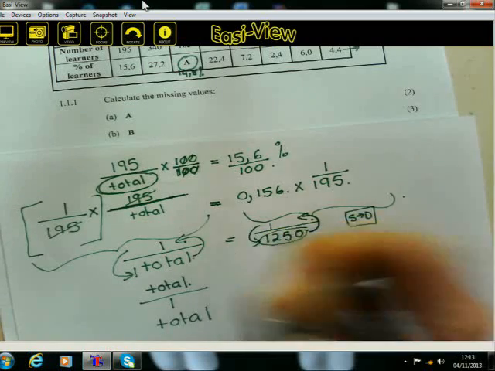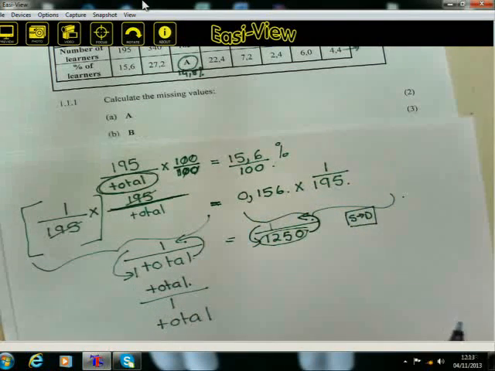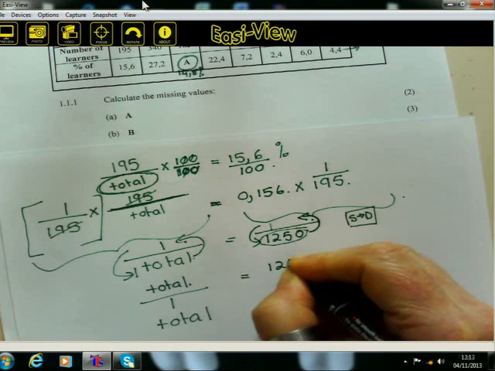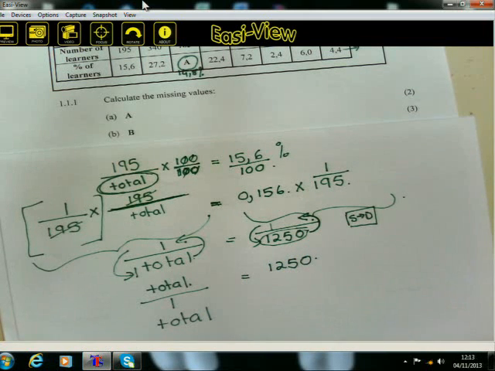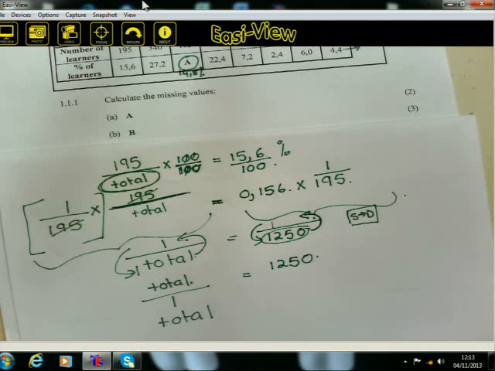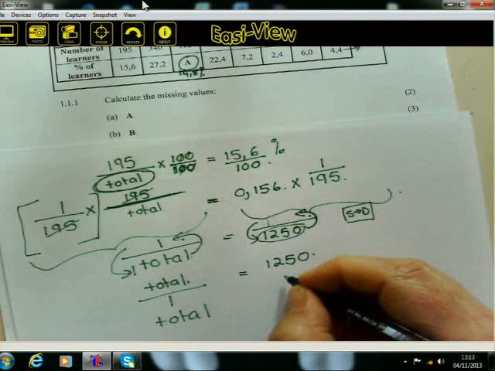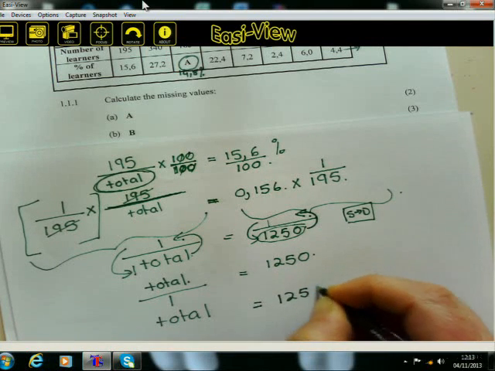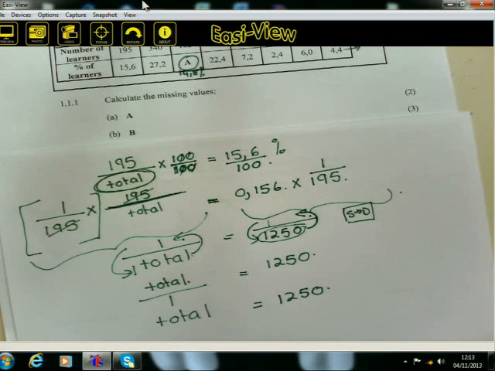So I must swap the top and the bottom also on the right-hand side. And then I will see that my total will become 1250, which is then the total number of learners who participated in this survey.